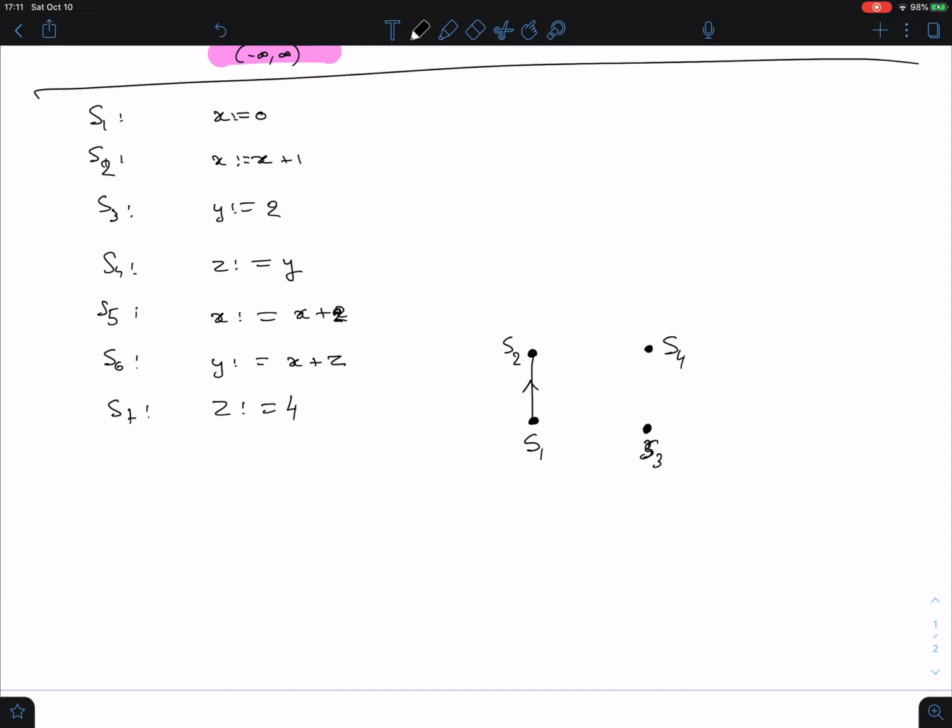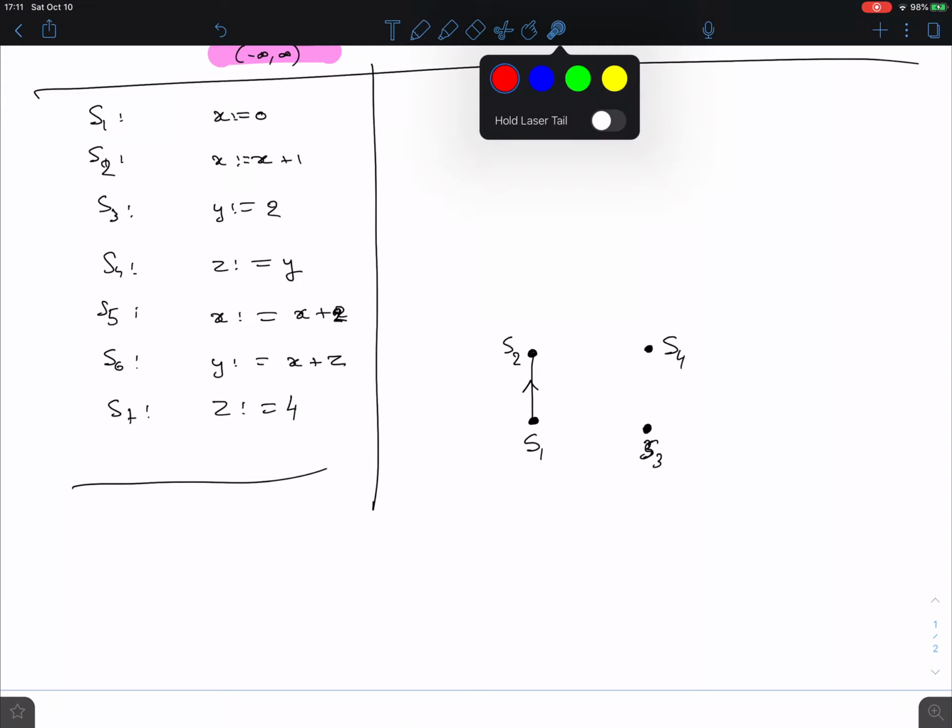Remember, this is a program that is supposed to be carried out in this order, and what I want to do is separate it into different calculations by different computers, but I have to get the same answer. So if at some point I defined x, then everywhere else I have to use that new x. So S5 has to depend on S2. So we get here S5.